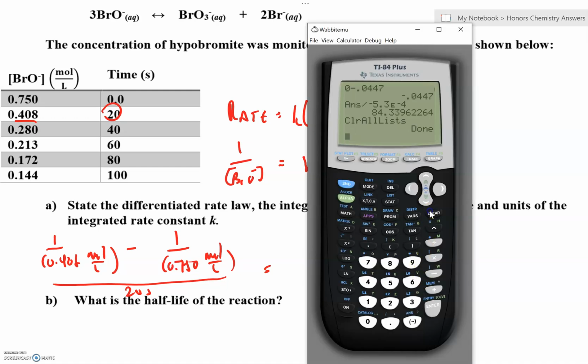So we'll say the inverse of 0.408, not squared, inverted. Oh, I didn't want that. Delete. And I didn't want this. Delete. And delete. Better.